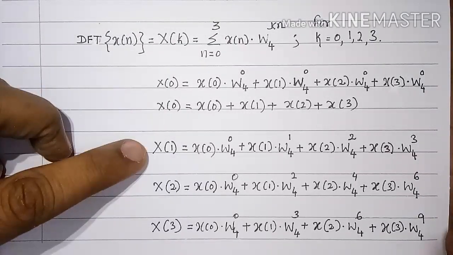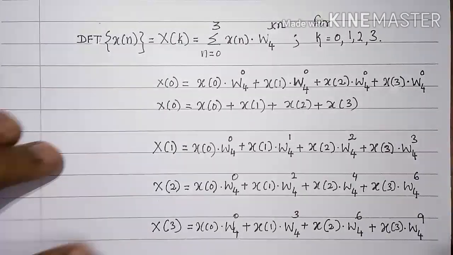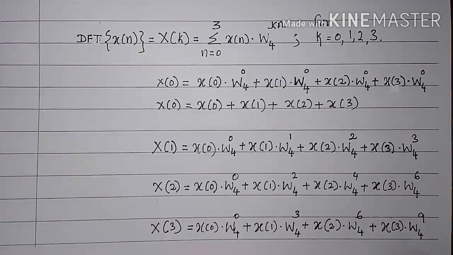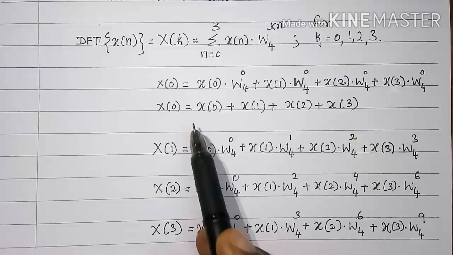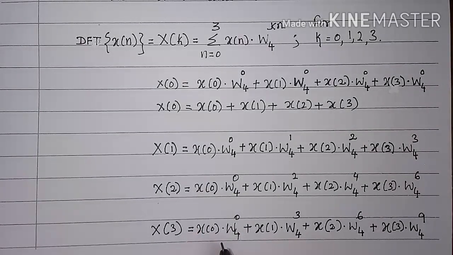So x of 0, x of 1, x of 2, x of 3 we got. Now these 4 equations may be written in the form of matrices. Let us see how we can write these equations in matrix form.